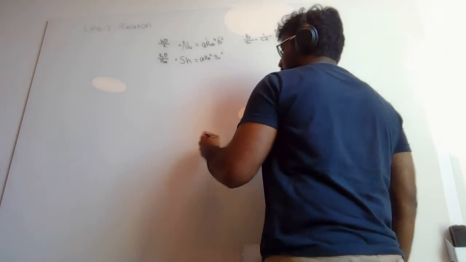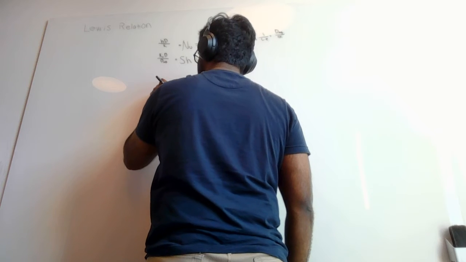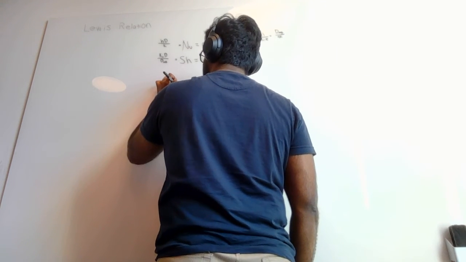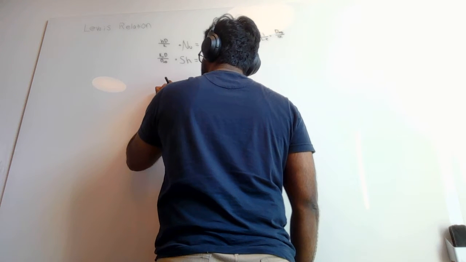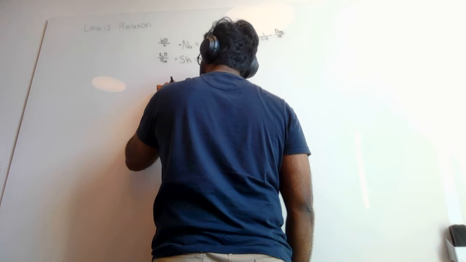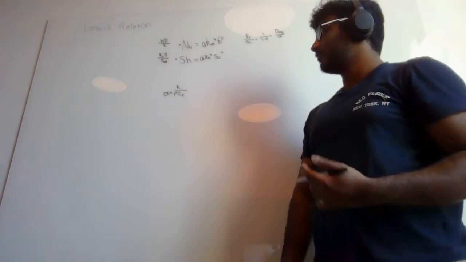And we know that alpha is equal to our thermal conductivity divided by the density times the heat capacity, so k divided by rho Cp.